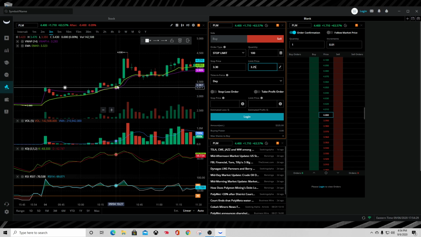What that means is, if this stock goes up like this, but then all of a sudden bad news happens, an offering or whatever, or just a lot of heavy selling, like this candle right here with huge selling volume, and the stock breaks that 330 area, it triggered your stop price, but your limit price is 325.